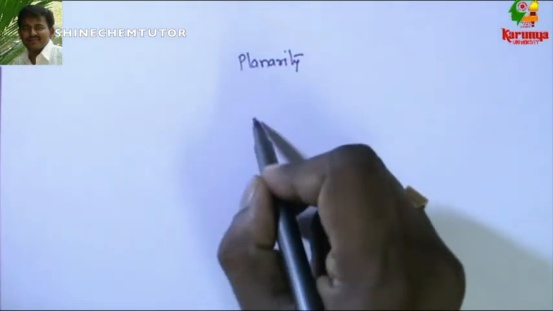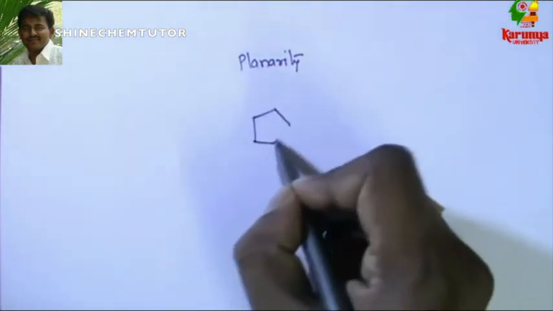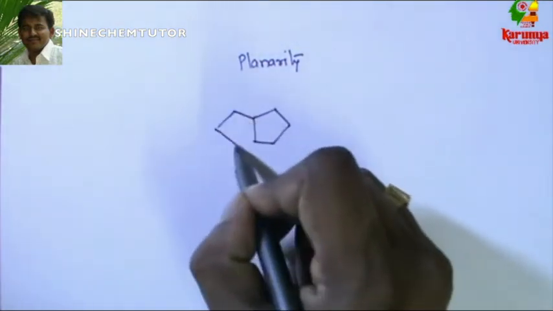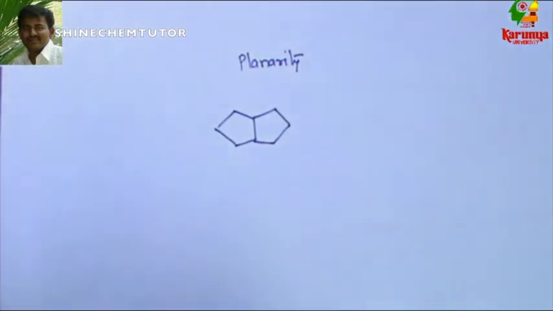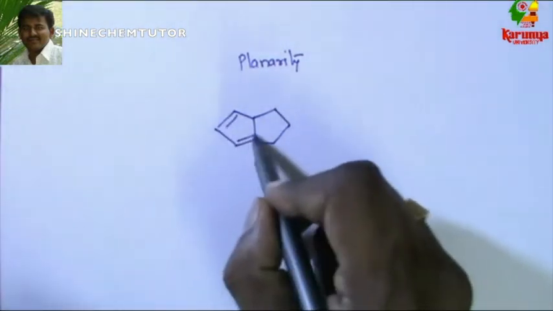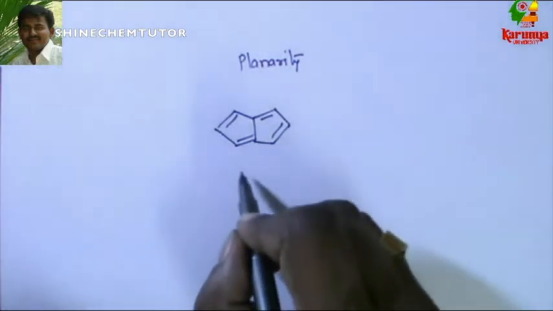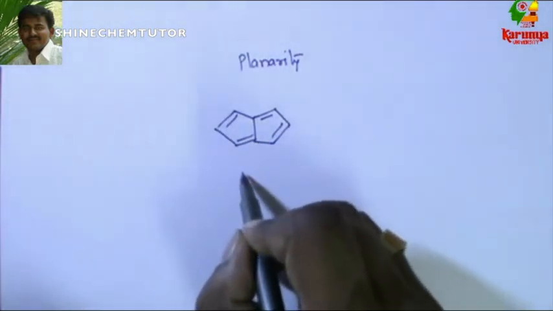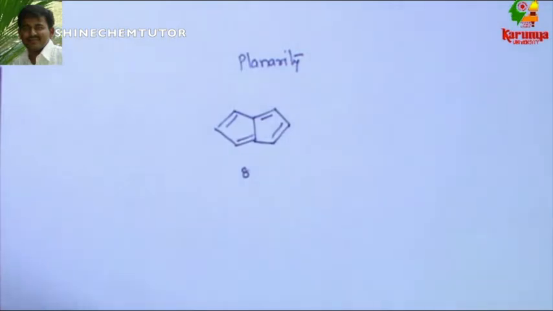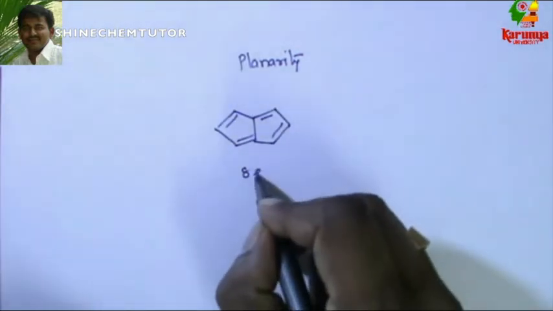Here, I go for a system like this. The number of pi electrons is 8. So it is an 8 electron system.